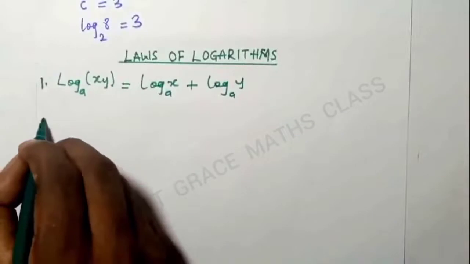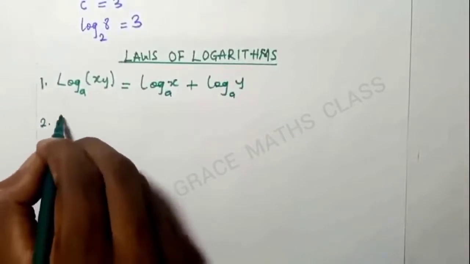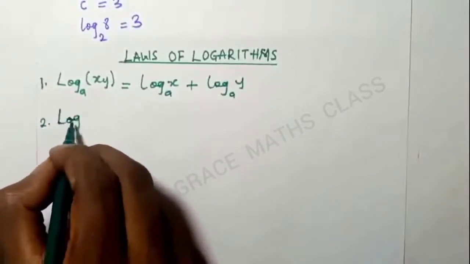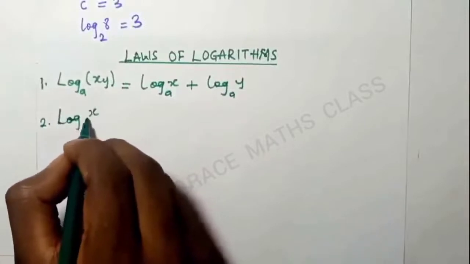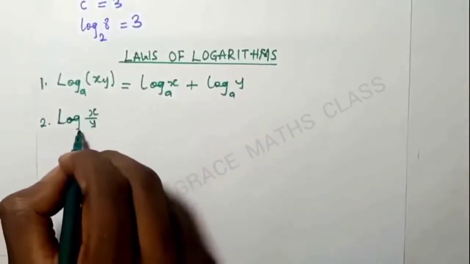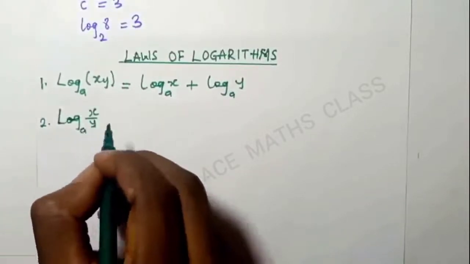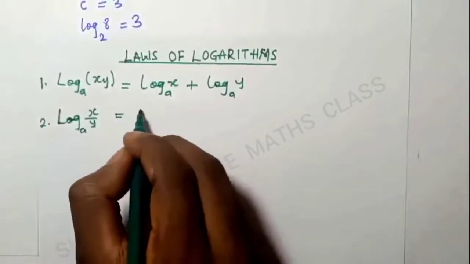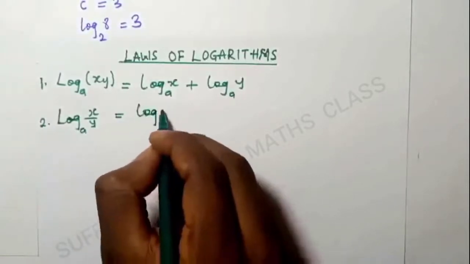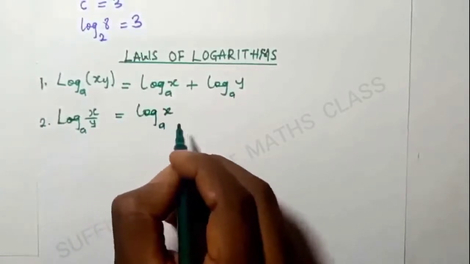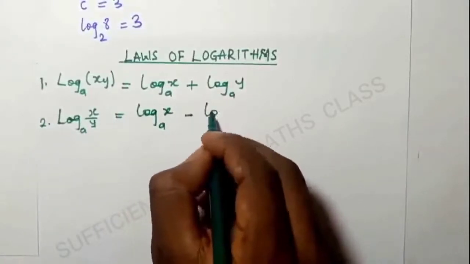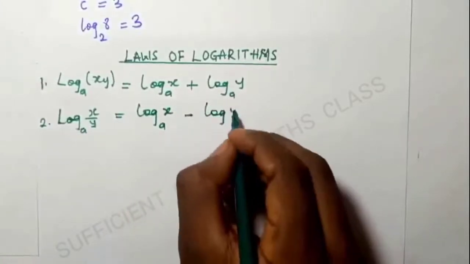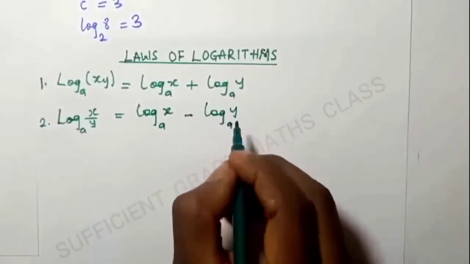Number 2. Log of x over y to base a is the same thing as taking log of x to base a minus log of y to base a.